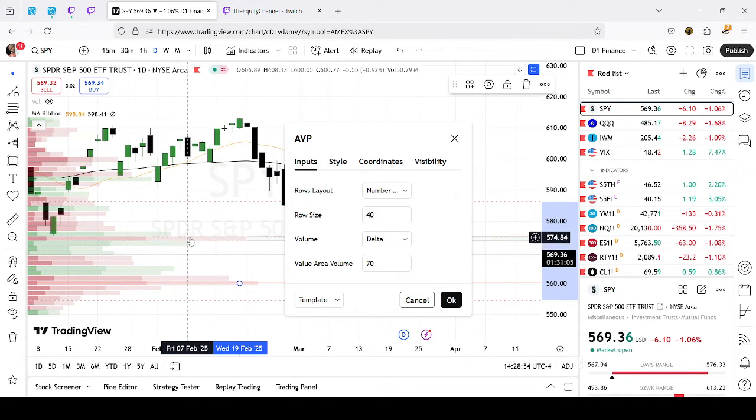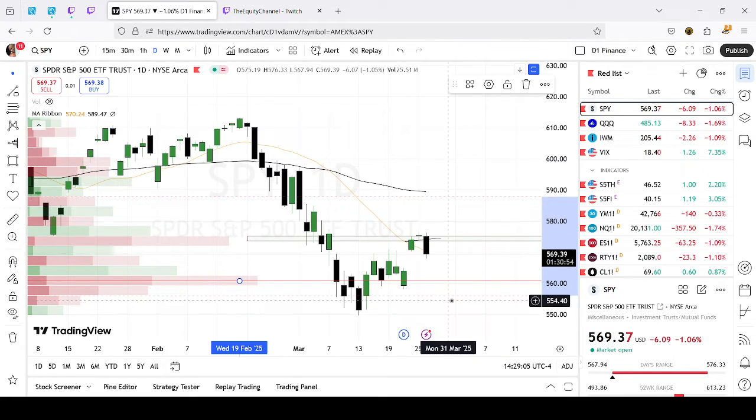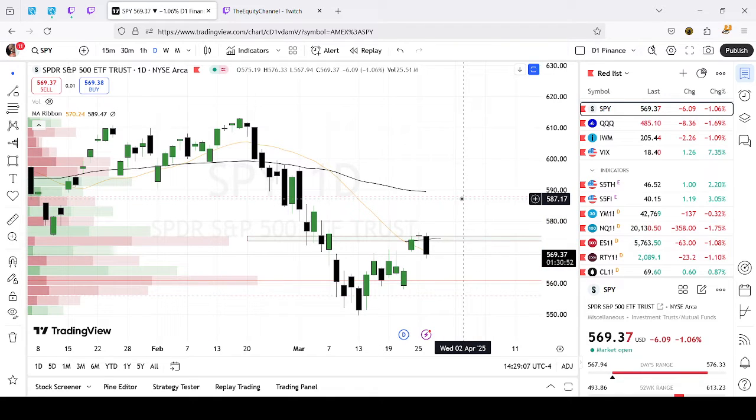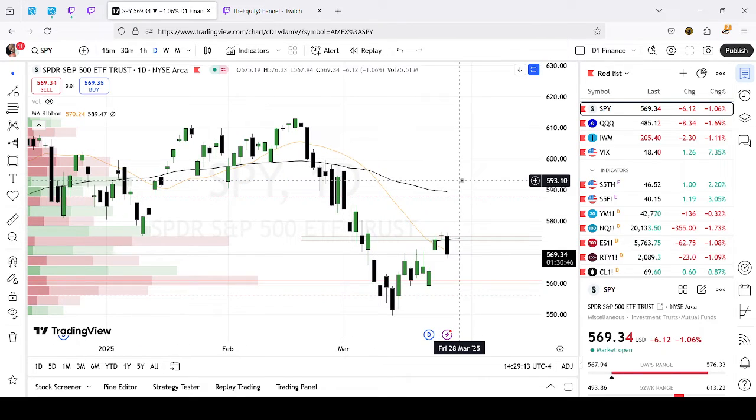These 2 nodes become 1 when I bring it down to 40. When I bring it down to 20, watch what happens. Boom. Okay. So the question really becomes: is this enough data for you? Is this enough data for you? That's what really matters here.